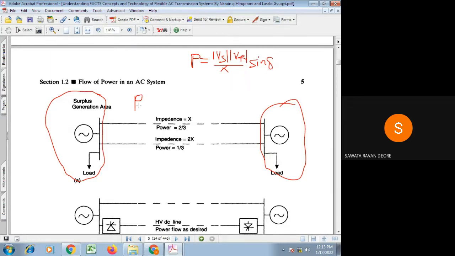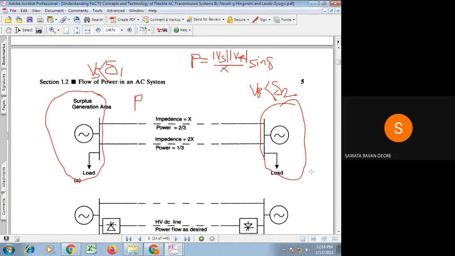According to that P flowing through the transmission line, there will be an establishment of voltage at this bus bar, as well as at this bus bar. And from this equation, if we see both the transmission lines, their ends are connected to common buses.